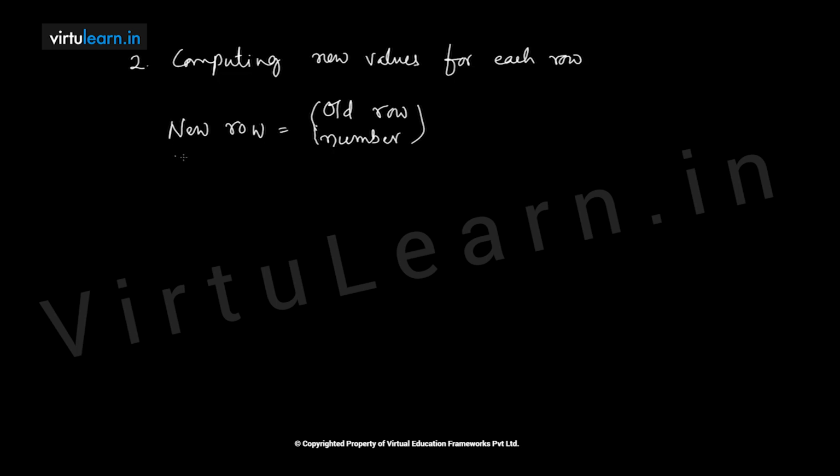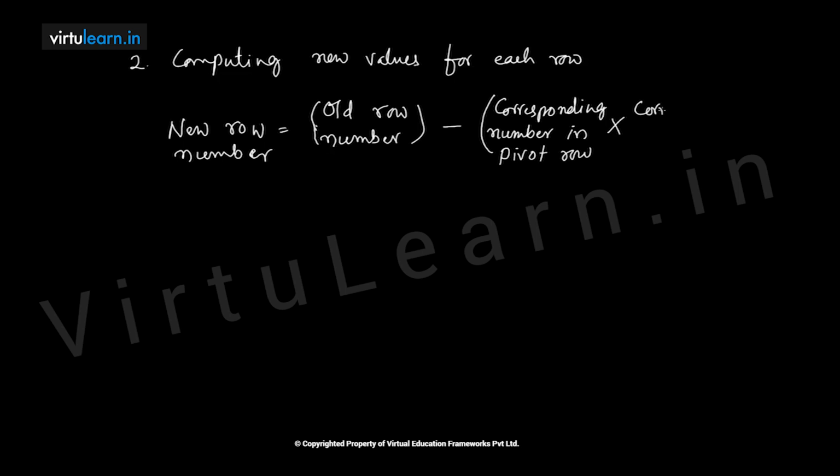New row number is equal to old row number minus corresponding number in pivot row into corresponding fixed ratio.